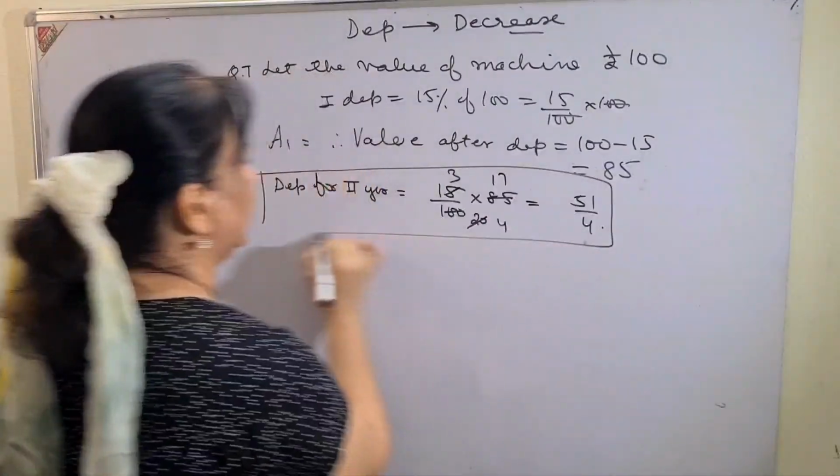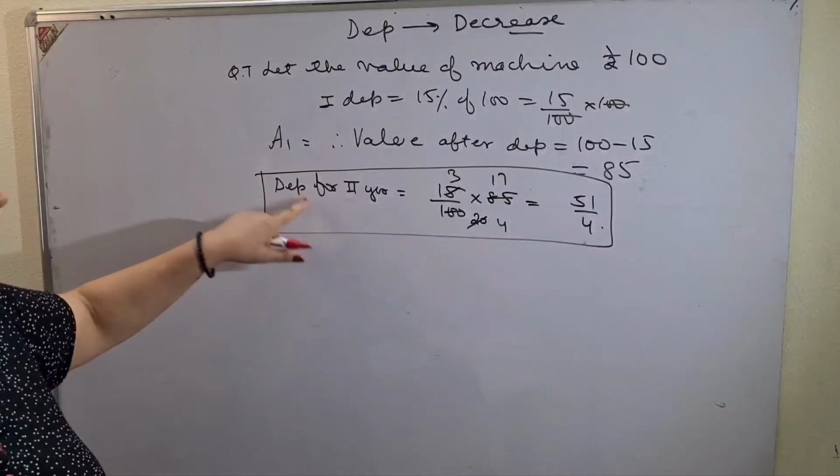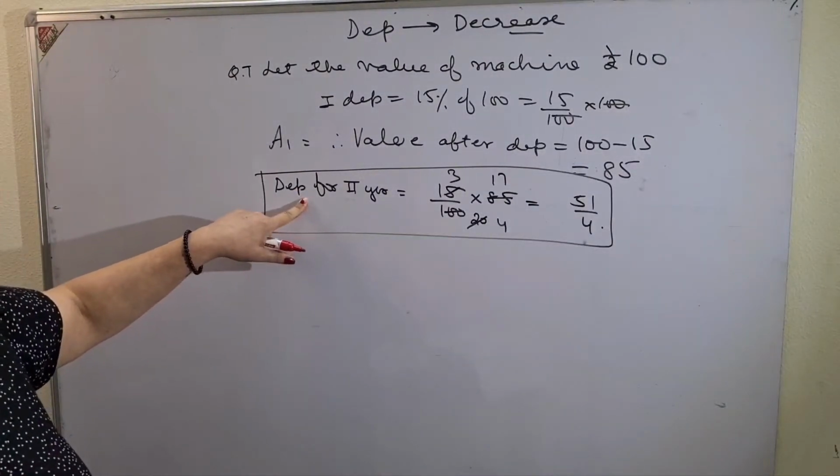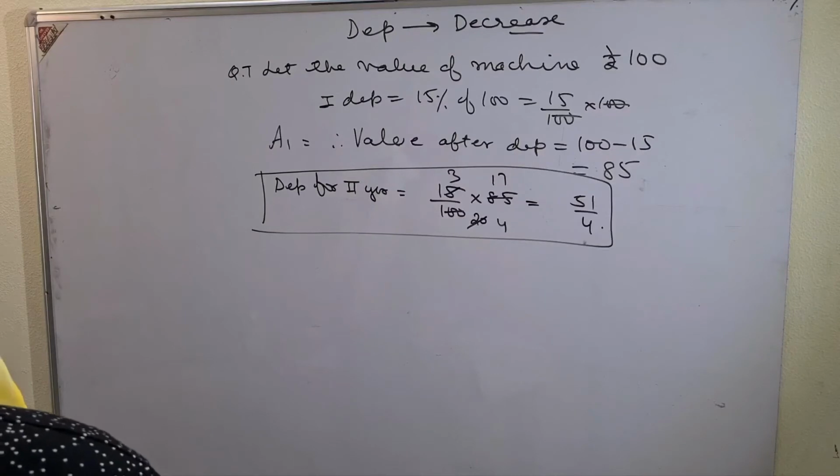Now you read the question again. I have underlined it because it makes the difference, because this type of step you are going to relate with the question now. He says, find the original value of the machine if it depreciates by rupees 5355 during the second year. Now you use your unitary method.